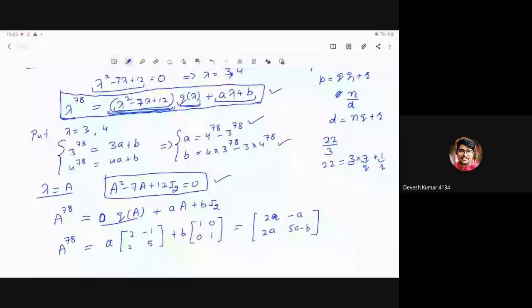So with this, the first unit, that is of matrices, is over from my side. You can practice more problems on this. So overall in this unit, let's recall one by one very quickly. First, we have learned how to find eigenvalues and eigenvectors of a matrix.